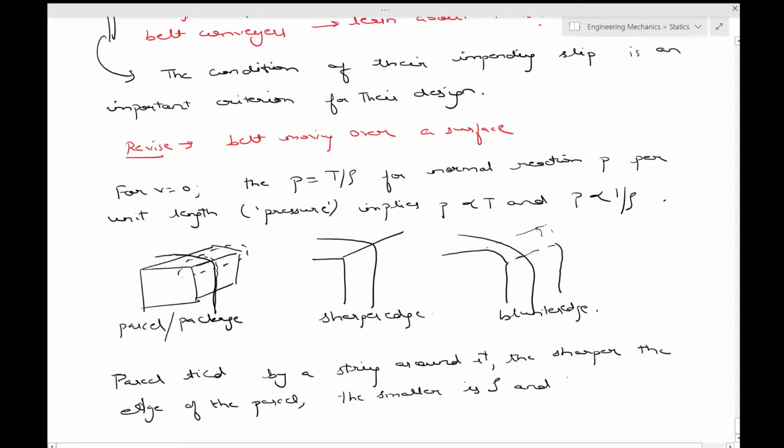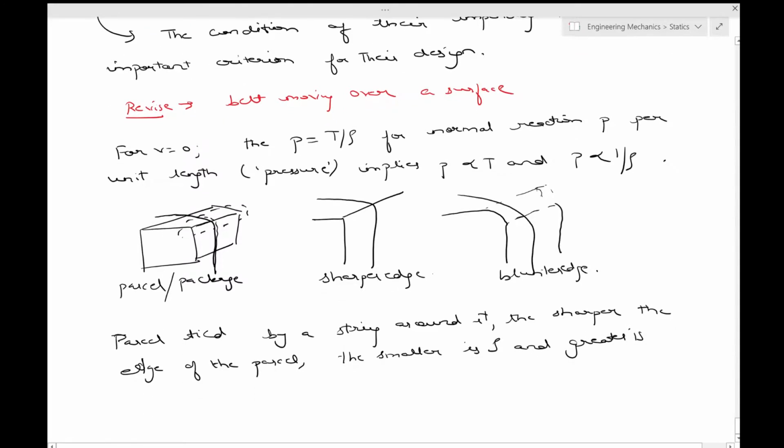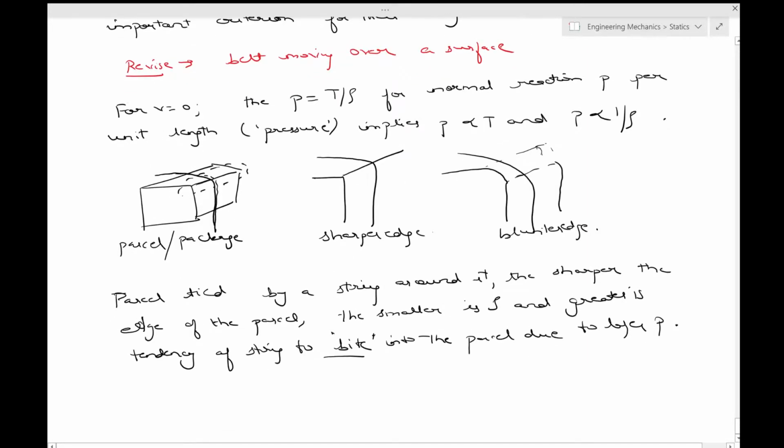And greater is the tendency of the string to bite into the parcel due to larger P. Okay, the sharper the edge of the parcel, the smaller is rho.